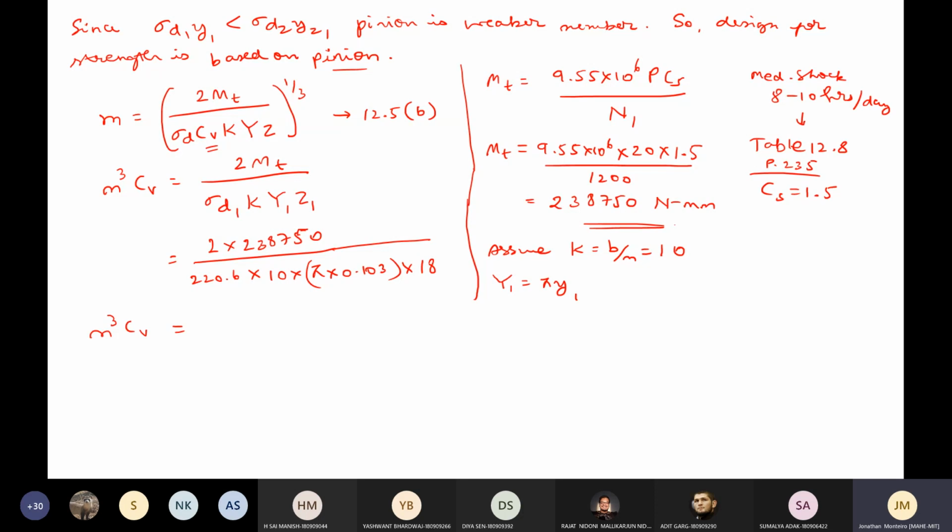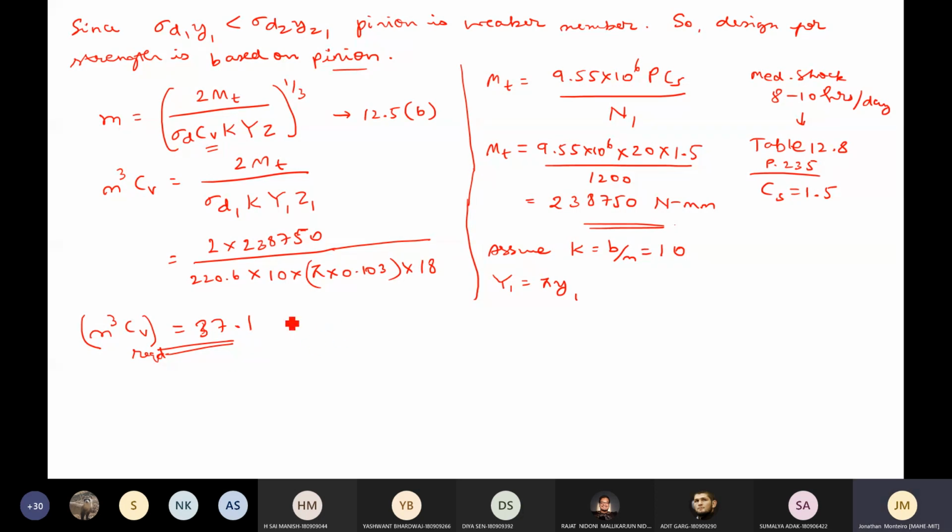Around 37. Okay, I'm getting around 37.1. Fine, very close values. So 37.1. This is the required one. The required m cube CV value is 37.1. Anything above this is sufficient for us.